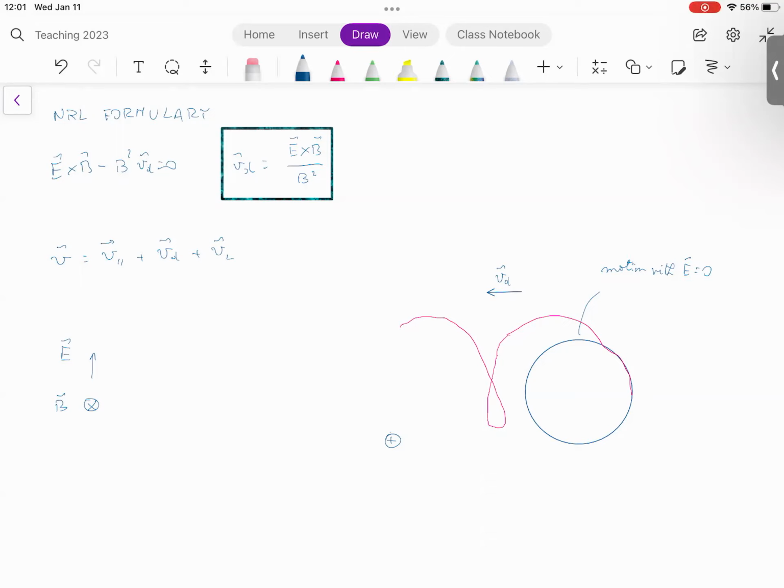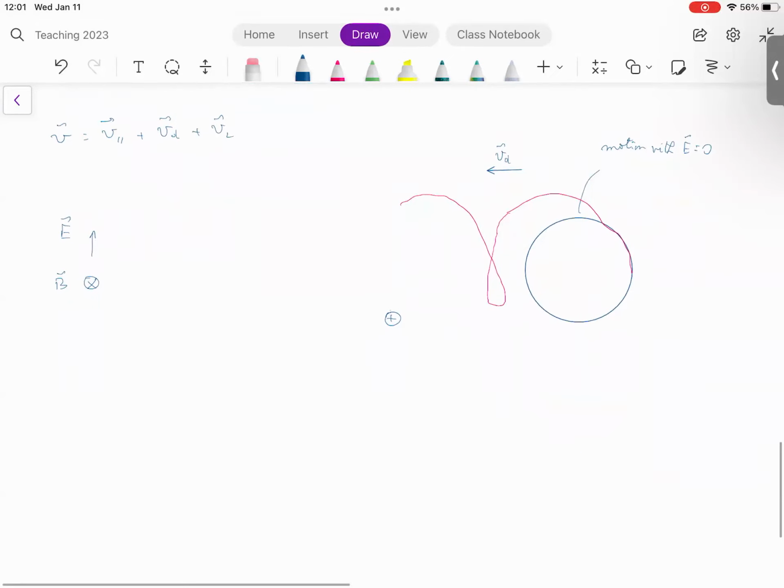Let's use this result for maybe one more thing. In fact, I like this result because it's telling us quite a bit about the possible motion of charged particles in electromagnetic fields.